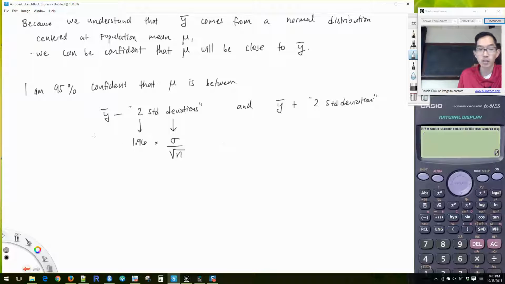Is that okay? So I can say something like, I am 95% confident that mu, the population mean, is between y bar minus 1.96 and y bar plus 1.96 sigma over the square root of n. Is this okay? Getting to this point here.